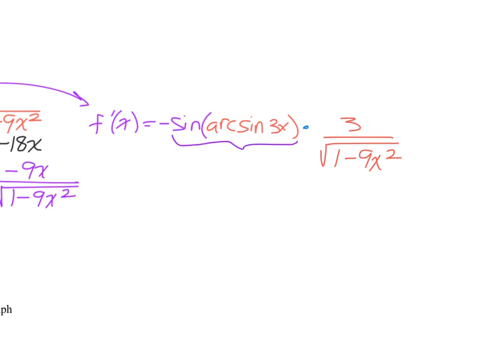So the negative sine of the arcsine of 3x would become what? Negative 3x. Multiply these two things together and you get that expression. So either way it's going to work out.